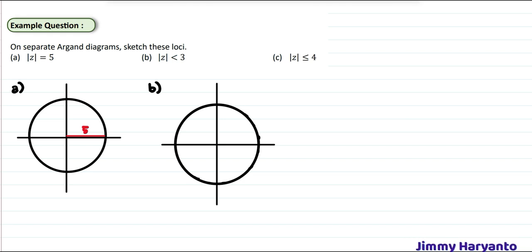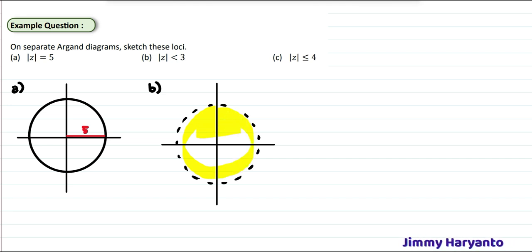Wait a minute. Okay, and then I will delete this one. This is our circle, and the sign says less than, that means you have to shade the region inside the circle. So this is our locus.